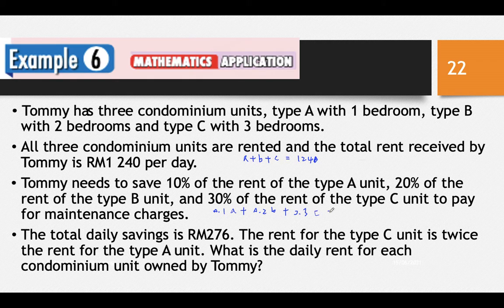Sama dengan dia daily saving ialah 276. Lepas tu type C is twice A. Okay, so dapatlah tiga linear equation with 3 variable A, B, C.